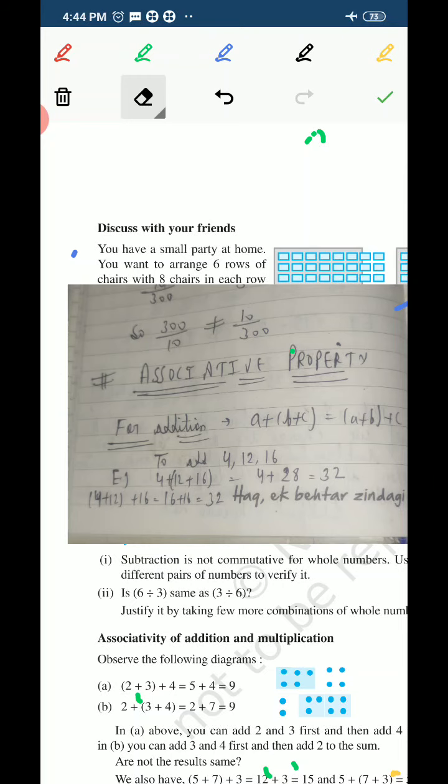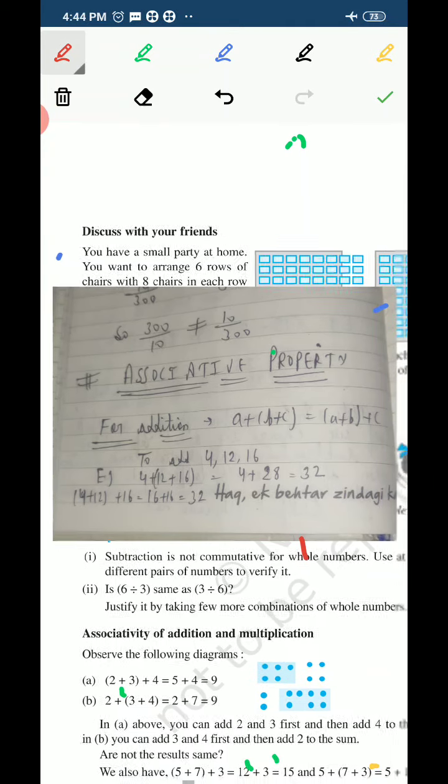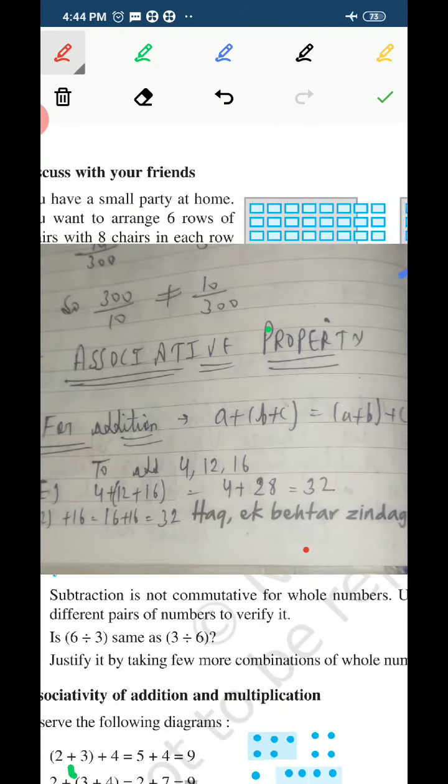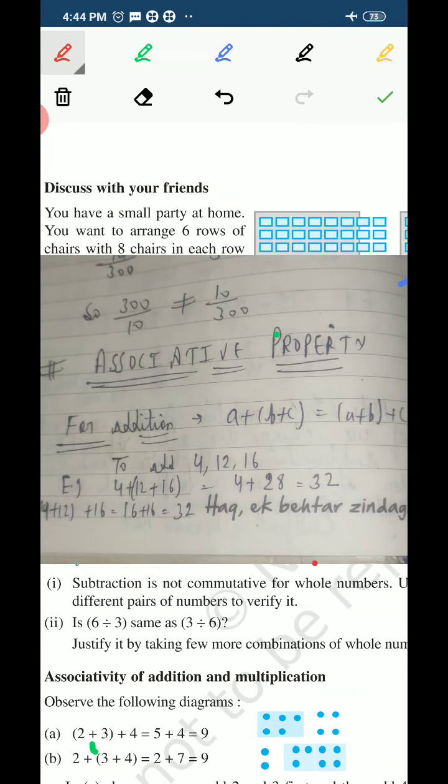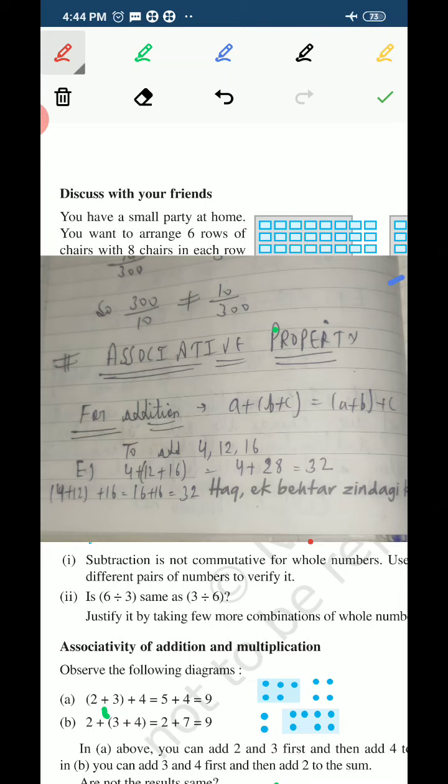Let's revise the associative property. What does associative property say? As you can see here, associative property for addition in standard form: if we have three numbers a, b and c, and we associate two numbers b plus c first and add it to a, and in the second case we associate a and b and add it to c, and if both the answers are equal, then associative property is satisfied.